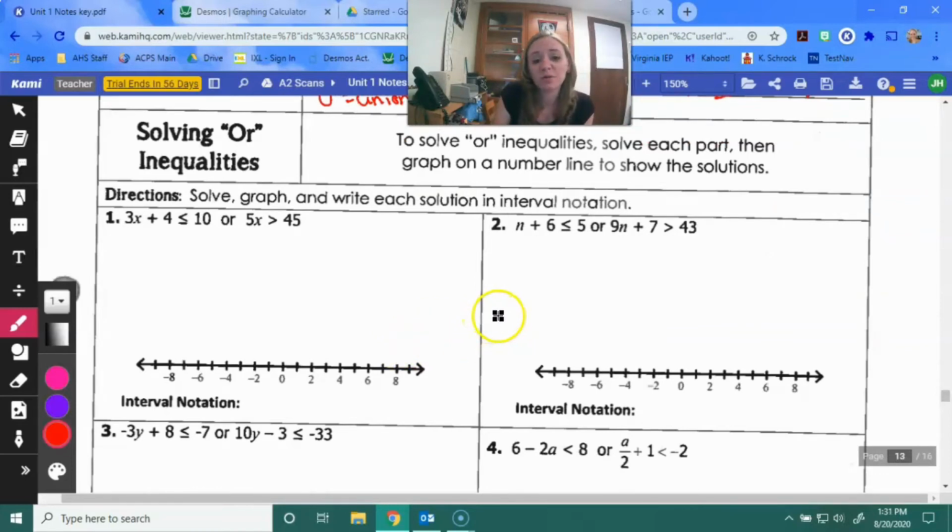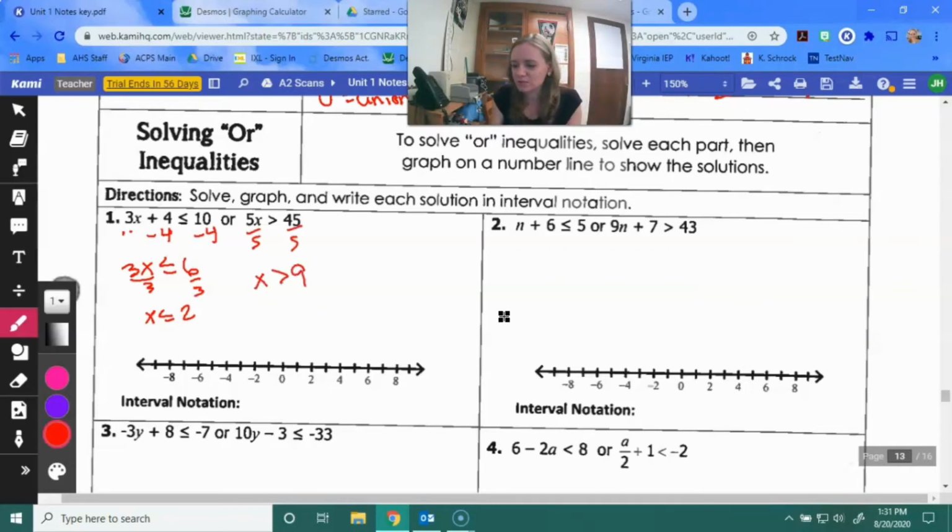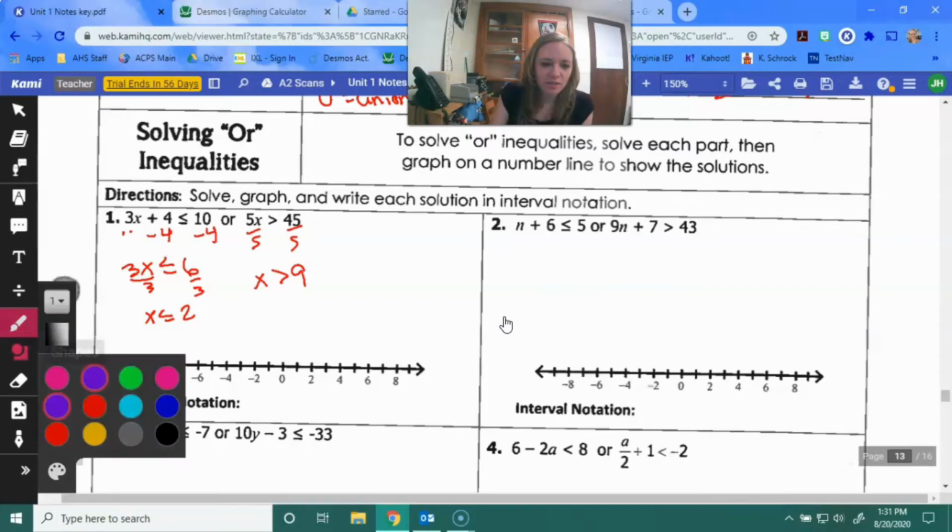You just have to do two equations instead of one. So let's say we subtract 4, giving you 3x is less than or equal to 6, divided by 3, x is less than or equal to 2. Divided by 5, x is greater than 9, and there's your two answers.